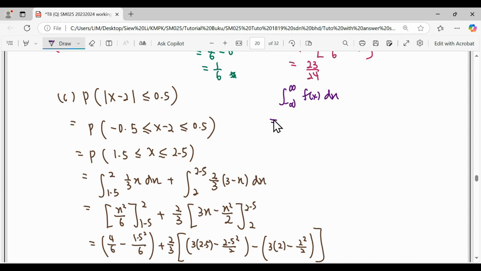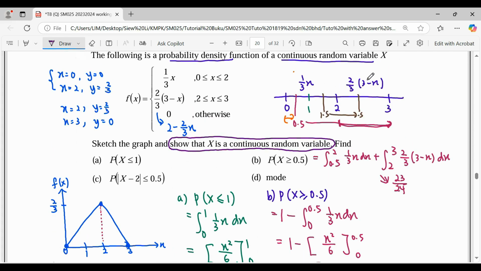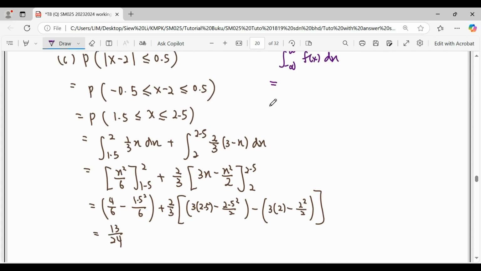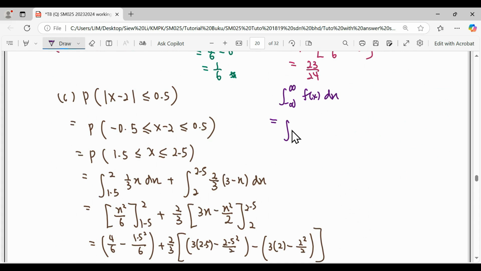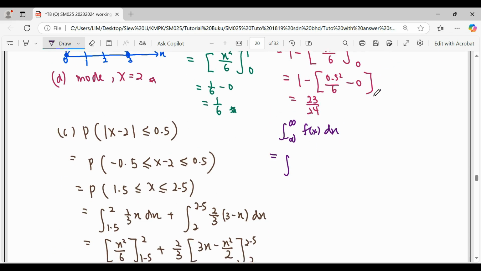We will see if the total area under the graph equals 1. We have two pieces of function here, so our total area under the graph will start from 0 until 2 for the 1 over 3 x, and 2 until 3 for the 2 over 3, 3 minus x.